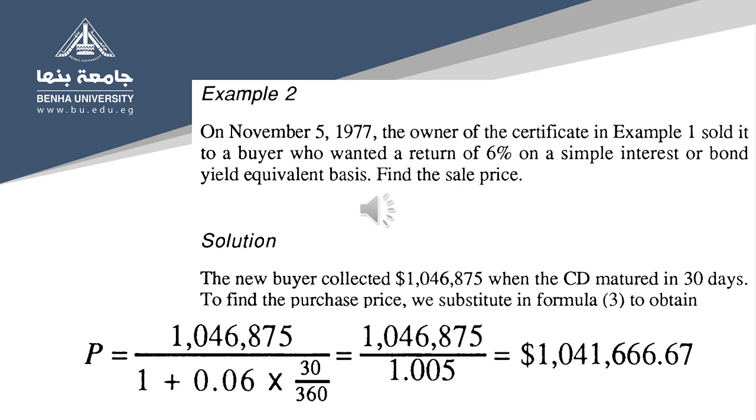This is only the 2 examples in the certificate of deposit. I want every student to understand these 2 examples very closely, because they are very important and we can find this example in the MCQ.